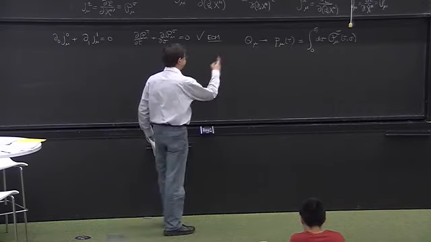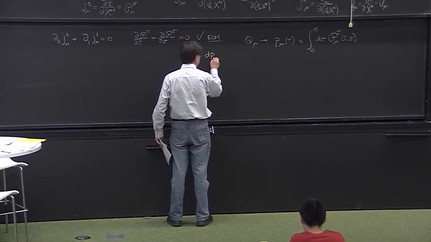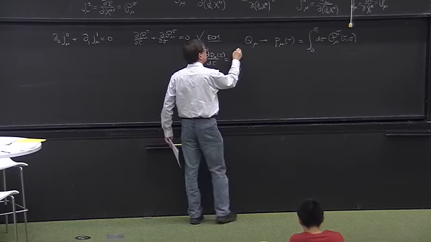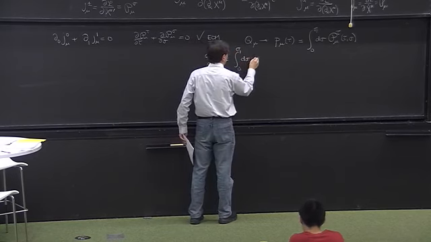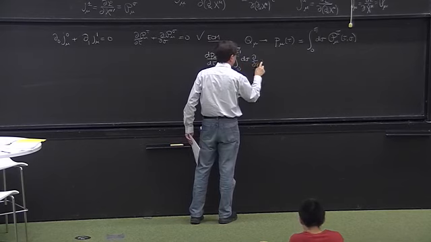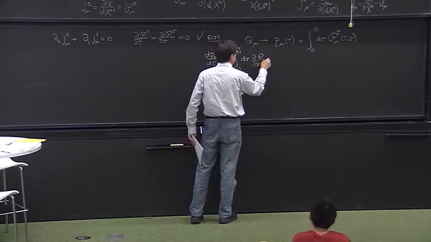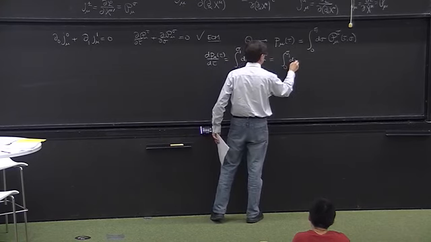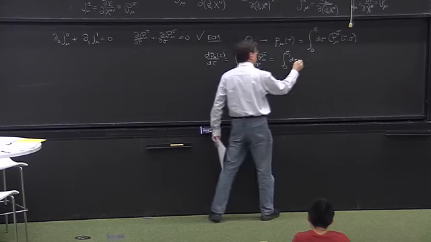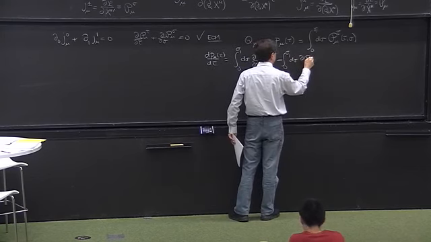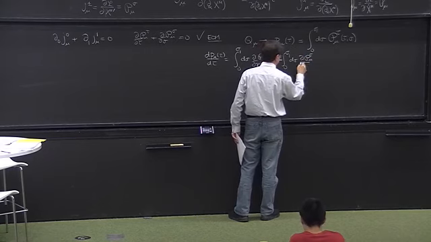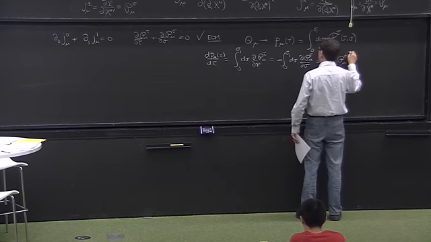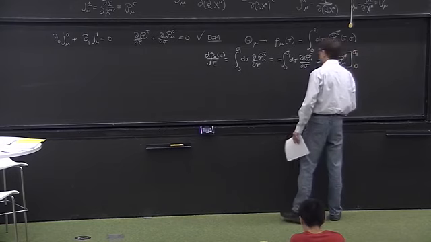Let's check that. We would have dp mu of tau/d tau equal to the integral d sigma of d/d tau of p mu tau, and that's the integral from 0 to sigma 1 of d sigma, by the equation of motion, of minus dp sigma mu/d sigma, and therefore this is minus p mu sigma evaluated between sigma 1 and 0.